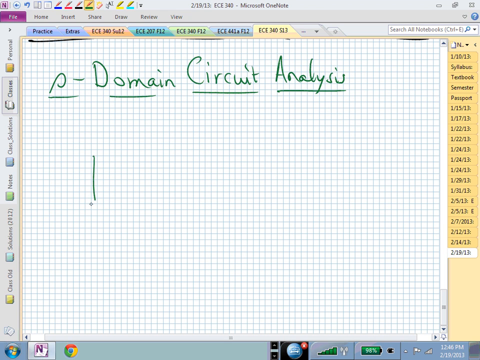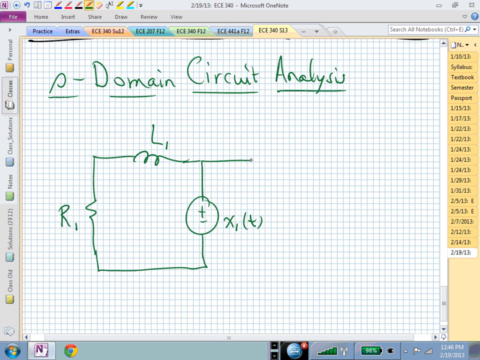Suppose somebody now has a circuit. Here's a resistor R sub 1. We have an inductor, let's say L sub 1. We have some voltage source, X sub 1 of t. We have a capacitor. Let's say that's C. Then we have another resistor. Let's call that one R sub 2.